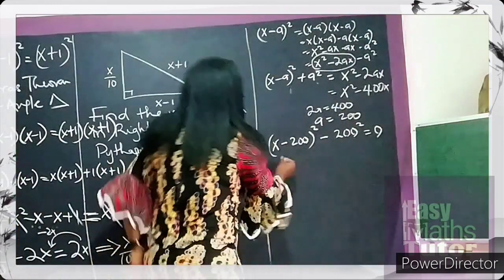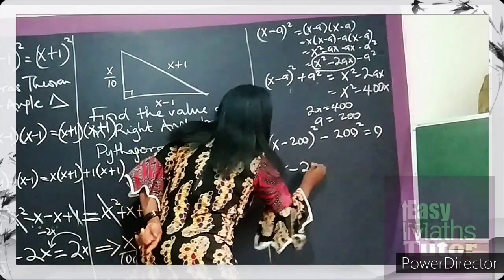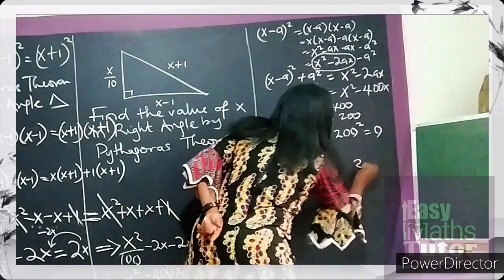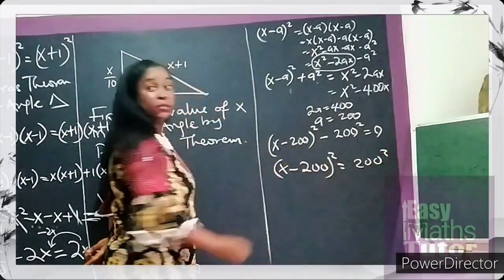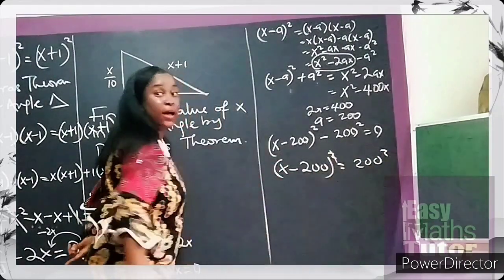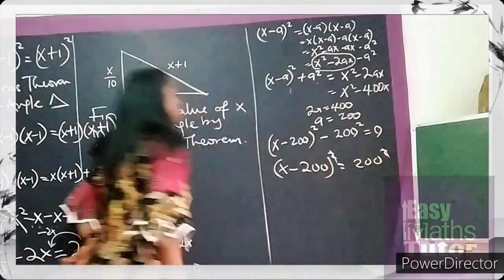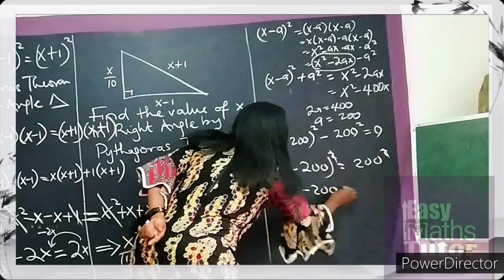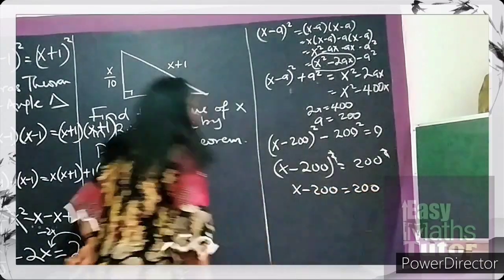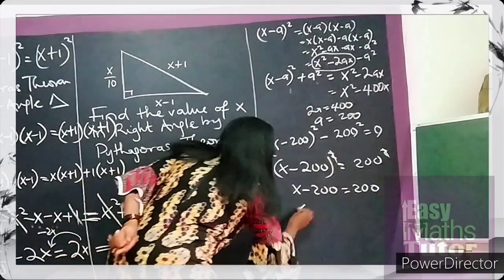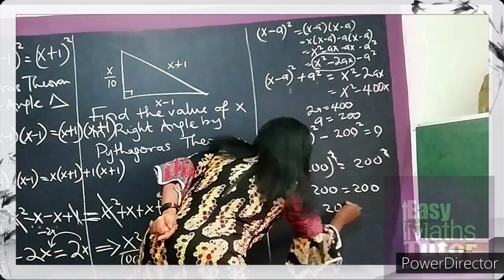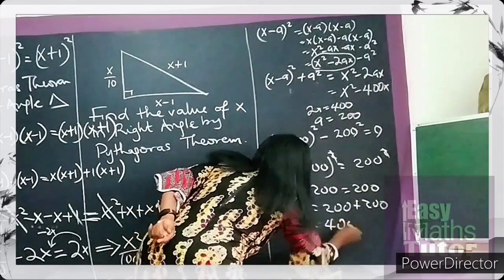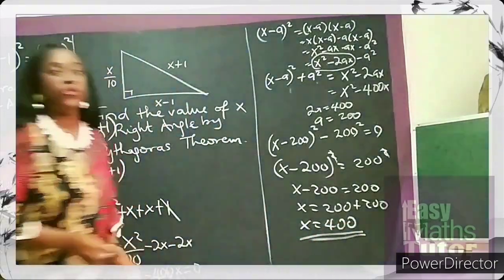So that will give us x minus 200 squared equal to 200 squared. So if we cancel out these squares, we'll be left with x minus 200 equal to 200. So that means x is equal to 200 plus 200. Therefore, x is equal to 400.